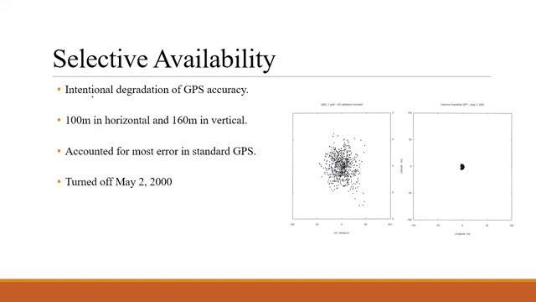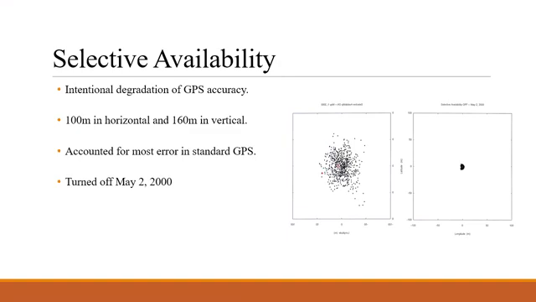Selective availability is the intentional degradation of GPS accuracy. As the US launched this system, they left the degradation in the signals. It means that it doesn't show the accurate position of a GPS receiver.